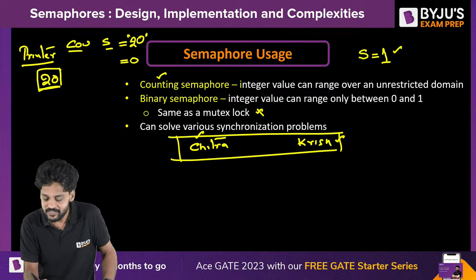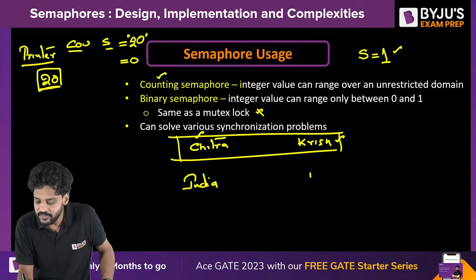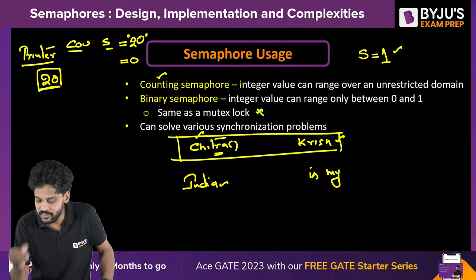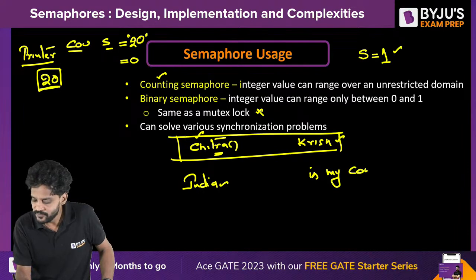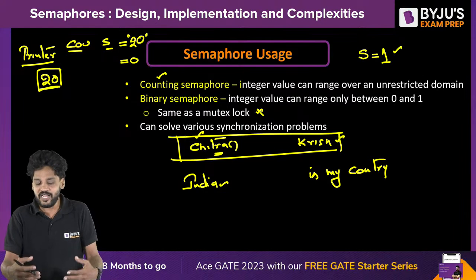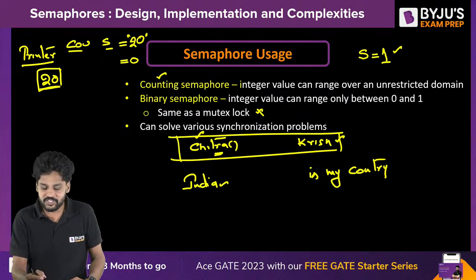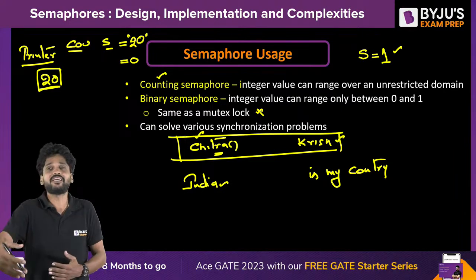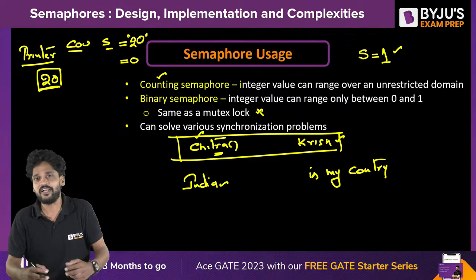Let us say Chitra will print "India" and Krishna will print "is my country." Now you can understand which has to be executed first. But there is no guarantee that Chitra will get scheduled before Krishna. The scheduler may also go with Krishna, depending on the priority.